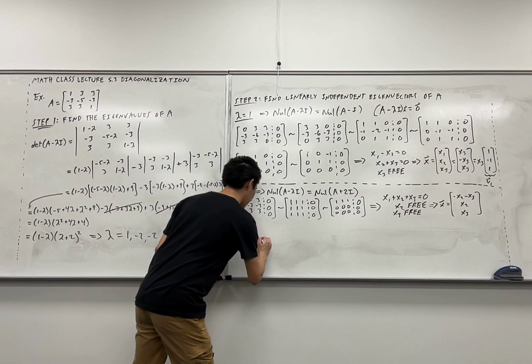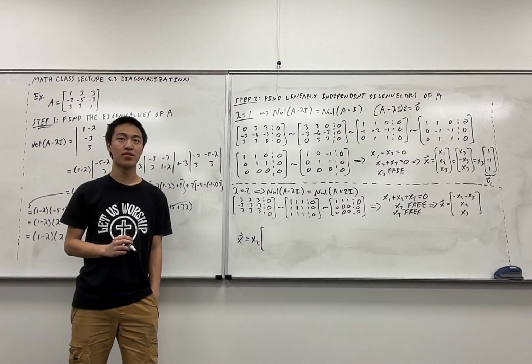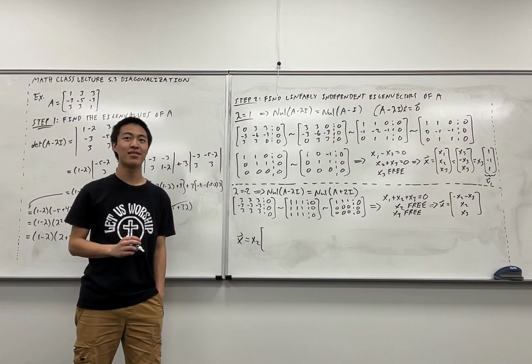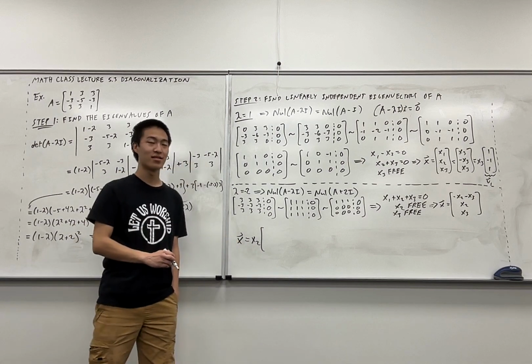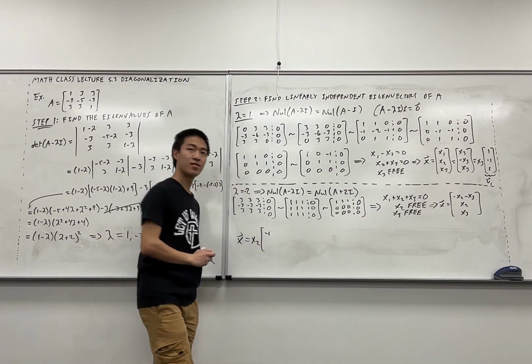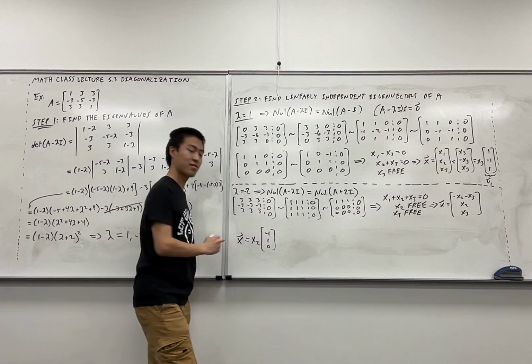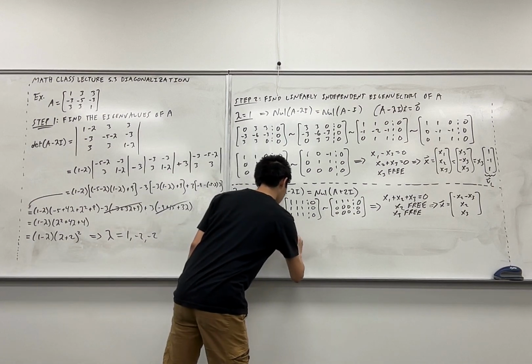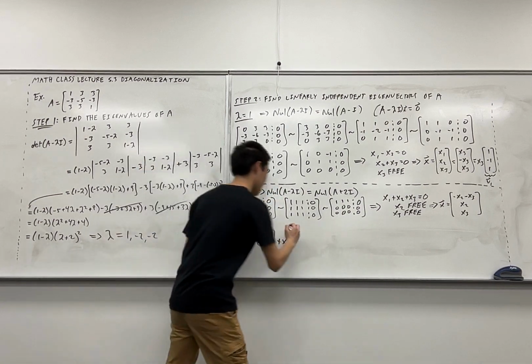Okay, why am I pulling X2 out? Because it works. If I take the X2s out, what's it have to do? -1, then 1, then 0. 1, 0. And then you take x3 plus x3. Factor out x3 stuff, and that's -1, 0, 1.